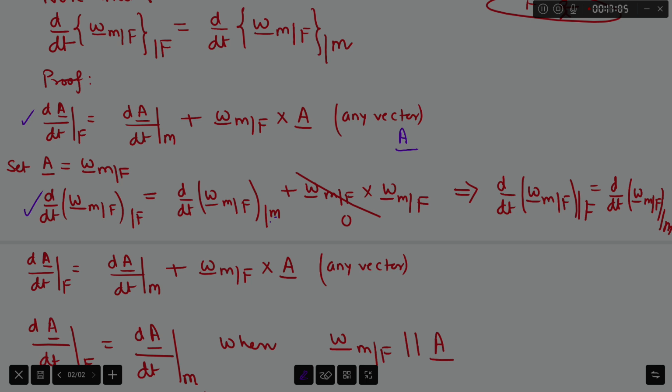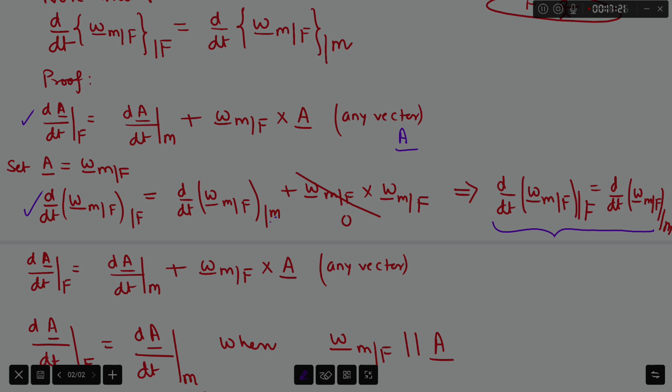That gives zero contribution, leading to this conclusion that the rate of change of angular velocity of M with respect to F is the same as the rate of change of that angular velocity with respect to frame M.